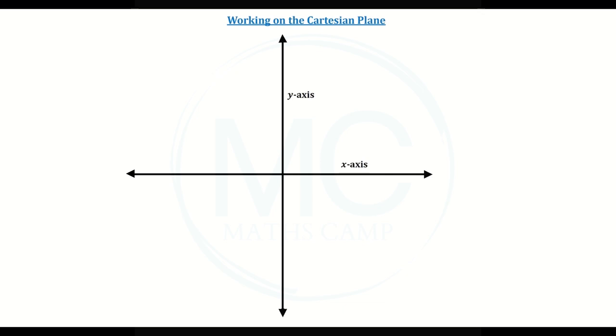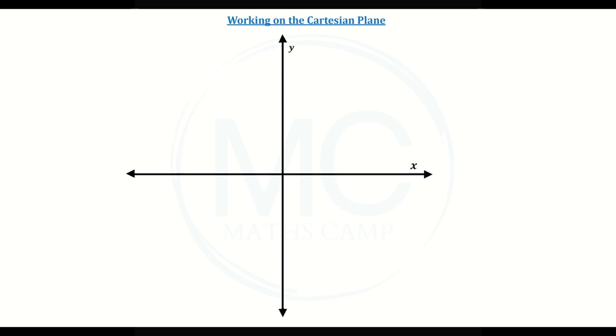When working with the axes, we only have to show the x and the y. So let's make some space over here and put the x on the x-axis. Then we can make some space up here and put a y on the y-axis.